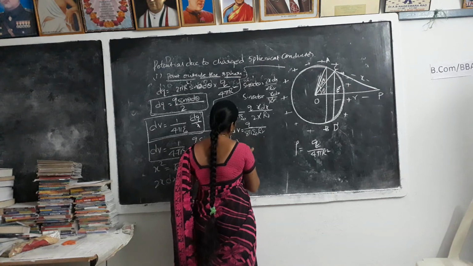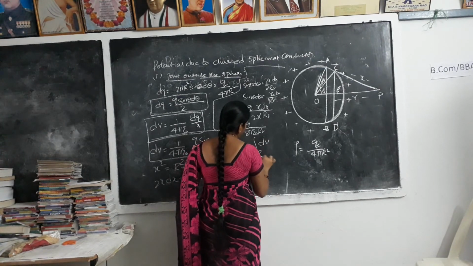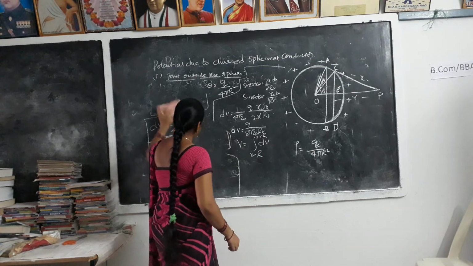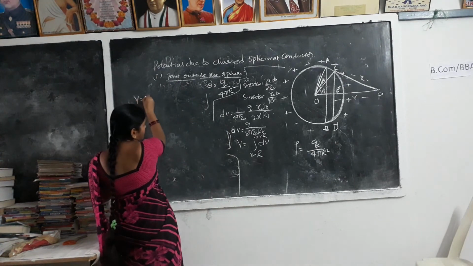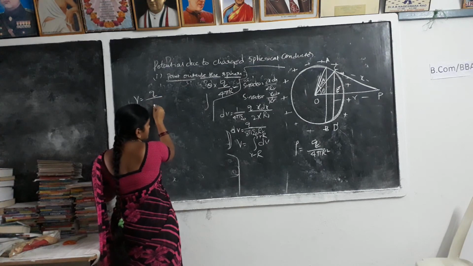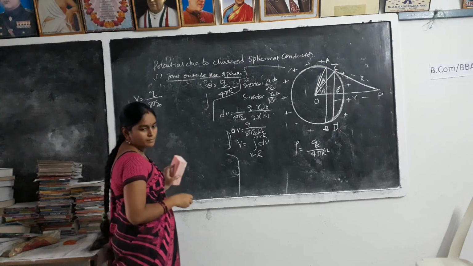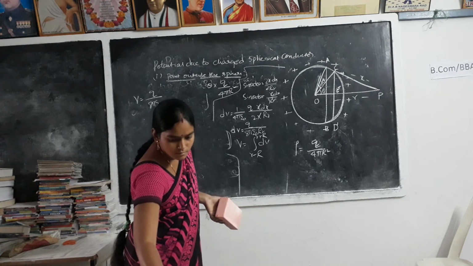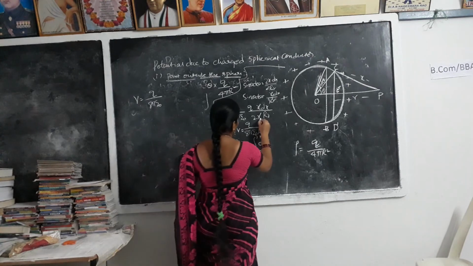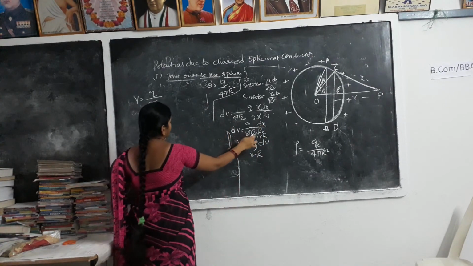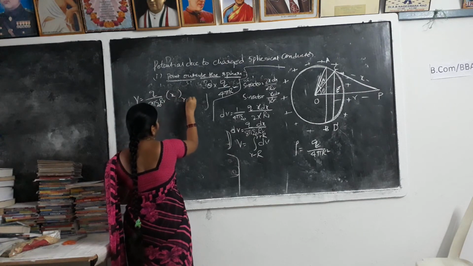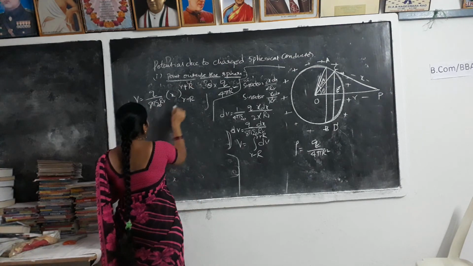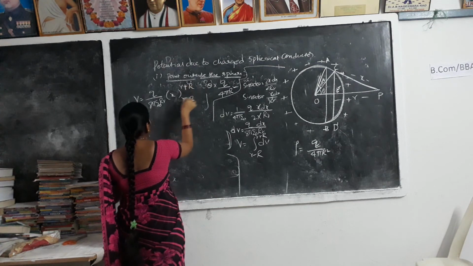Then V equals integral of dV from r minus R to r plus R. Then V equals Q by 8 pi epsilon Rr times the integral of dx, that is x from r minus R to r plus R. Then r plus R minus r plus R, that means we get 2R.